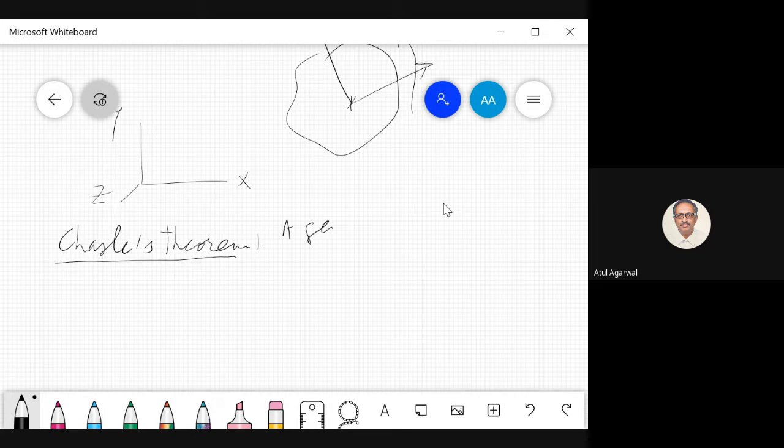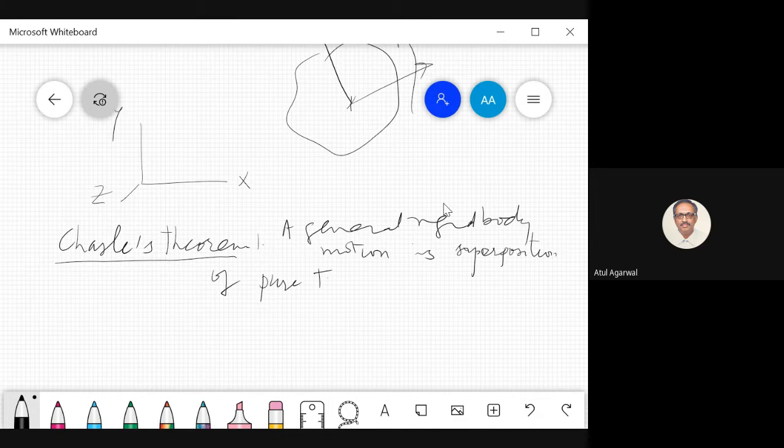A general rigid body motion is superposition of pure translation and pure rotation. So you have any general rigid body motion, it can be treated as sum of pure translation and pure rotation.